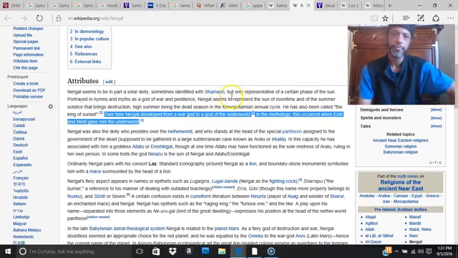But only representative of a certain phase of the sun, portrayed in hymns and myths as a god of war and pestilence. Nergal seems to represent the sun of noontime and of summer solstice that brings destruction.